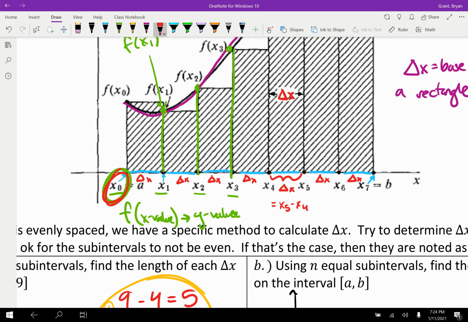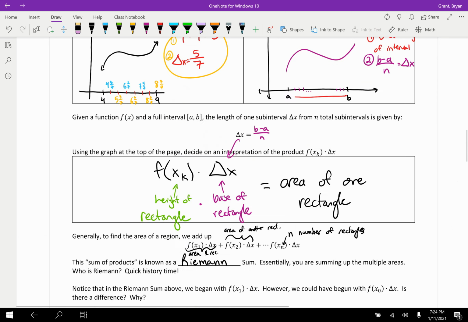Where would the Riemann sum have gone then? Well, hopefully you would say 6, because we need to add up 7 rectangles. And if you start at 0, count with me, 0 is 1, 2, 3, 4, 5, 6, 7. Yeah, it's kind of weird when you include 0. You have to realize that there are 6 numbers from 1 to 6, and then 0 makes the 7th number. So just keep that in mind.